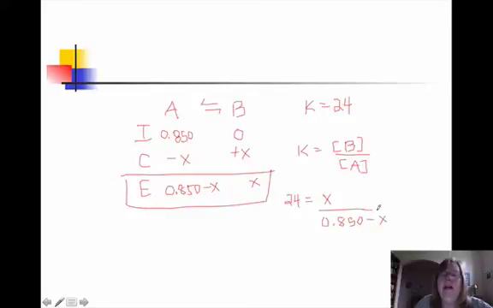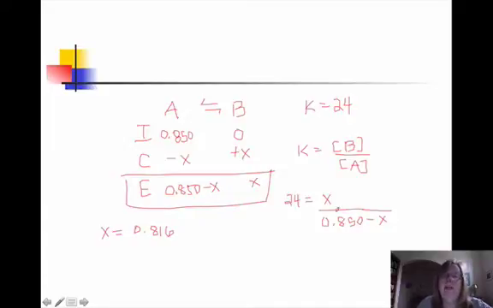So what we do now is we solve for X. When we get X, that will be B's concentration at equilibrium. And if we subtract X from 0.85, that will be A's concentration at equilibrium. All right, so you may want to stop this and solve for X. The X value that I get is 0.816. Okay.